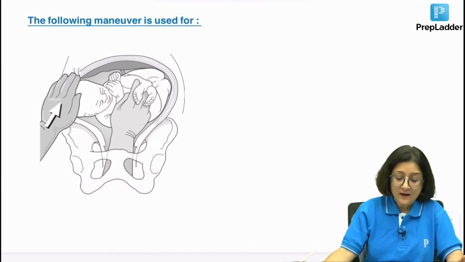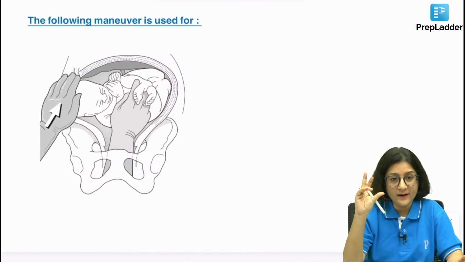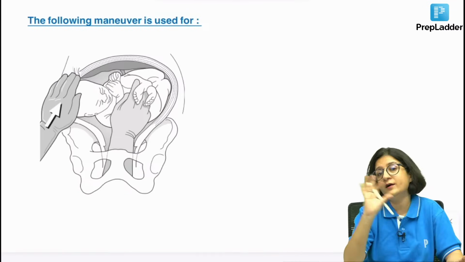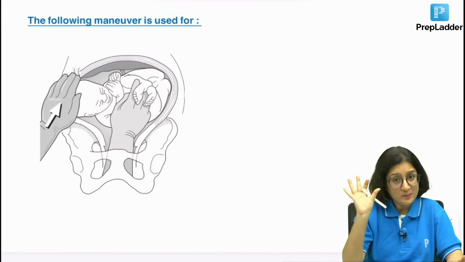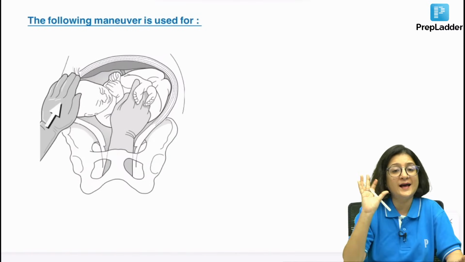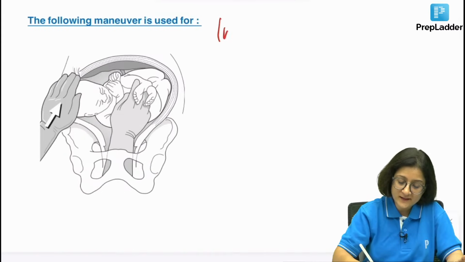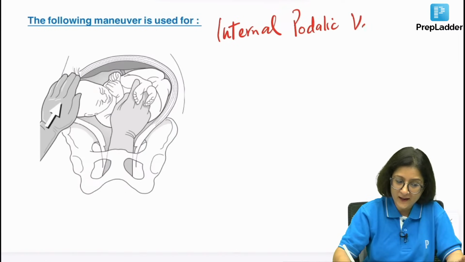Next image. Following maneuver is used where? Now this is transverse lie, but this maneuver is not done for all transverse lies. Please remember this. Transverse lie in labor, we do a cesarean section, right? This maneuver is internal podalic version.